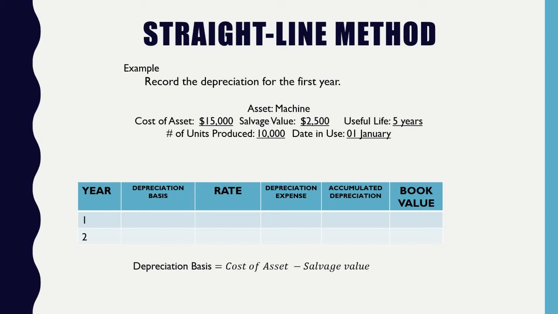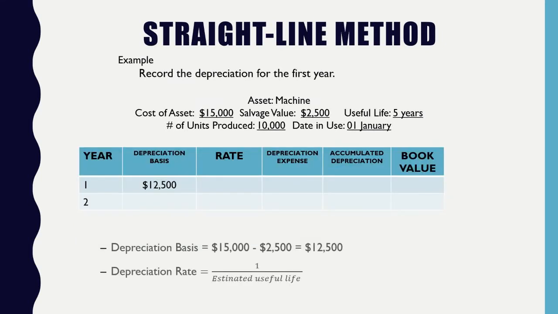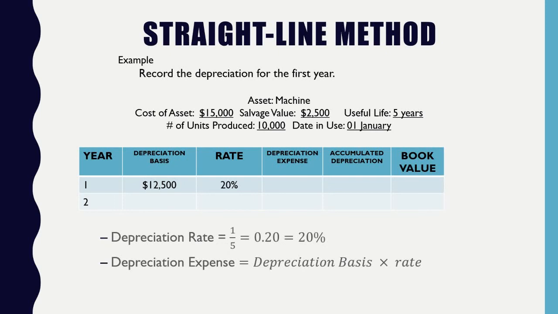In this case, my basis is going to be asset cost minus salvage value. So I'm going to take 15,000 minus 2,500. You should get 12,500. That's your depreciation basis. Your rate is going to be 1 over the estimated useful life. Because you're not multiplying it by 2, it's literally 1 divided by 5, so 20%, or 0.2.